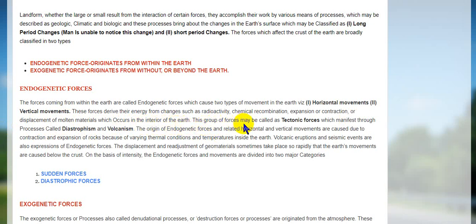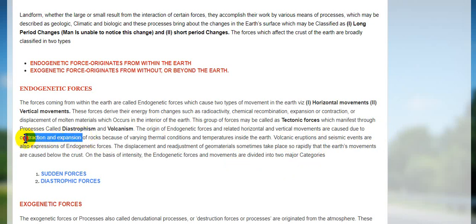This group of forces may be called tectonic forces. Remember this terminology, tectonic forces, which manifest through processes called diastrophism and volcanism.